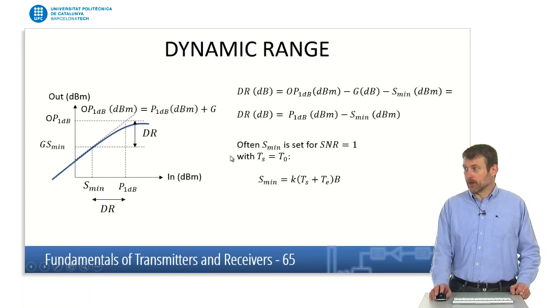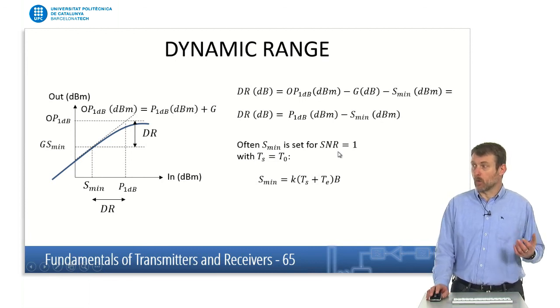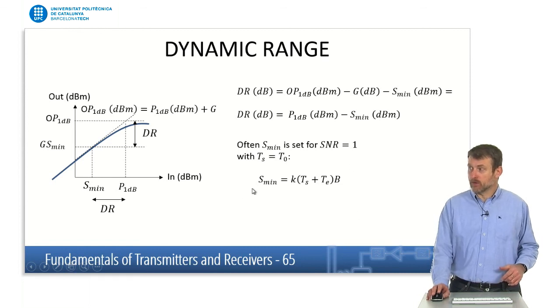However, often this minimum signal is set for a signal-to-noise ratio equal to 1, right? At the output of the receiver, and therefore this minimum signal would be k (TS plus TEB), right? It depends.